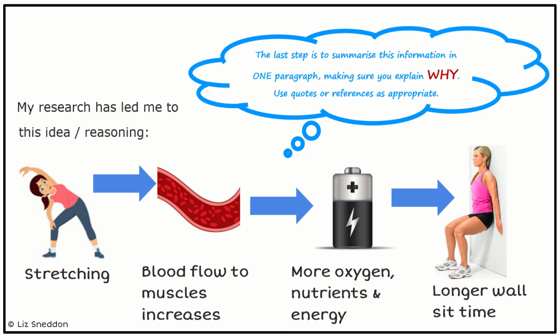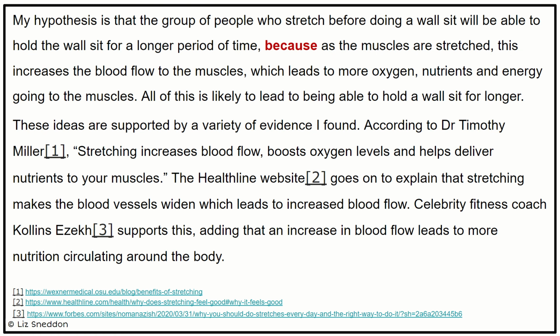This is me trying to summarize the information that I got on those websites, putting together a chain of reasoning. And now I can write that up. So this is what I've come up with.